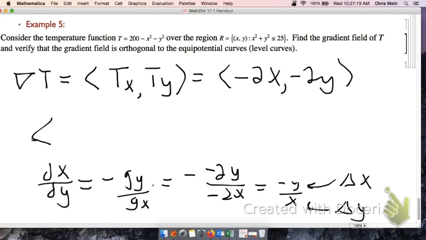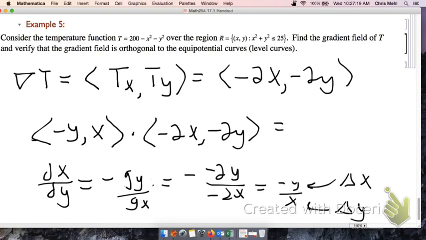So I take a vector that's tangent to the level curve, which would be minus y, comma x, and dot it with the gradient, which is minus 2x, comma minus 2y, you're going to get 2xy if you multiply the first components, and then minus 2xy, and you're going to get 0.